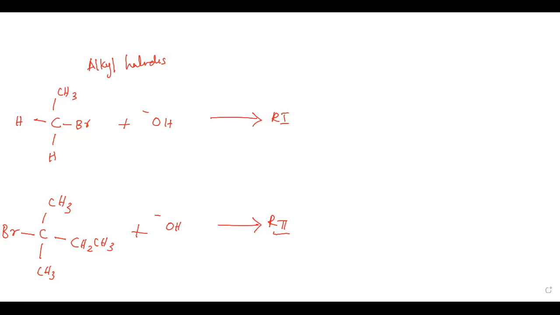So your question is you have to find the product, right? Zain, you told me the answer. What is the answer? The first step is you will end up with CH3, hydrogen, hydrogen, OH, and Br minus. And what should be the answer for this reaction?